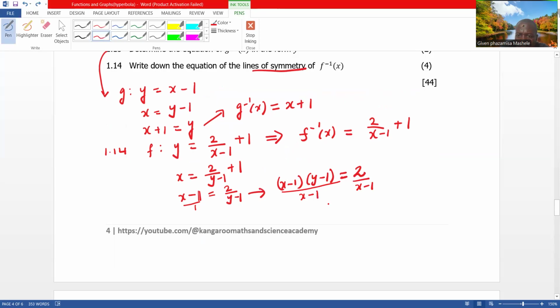Then we transpose minus 1 that side. This will give us the equation 2 over x minus 1 plus 1. You see, it did not change.